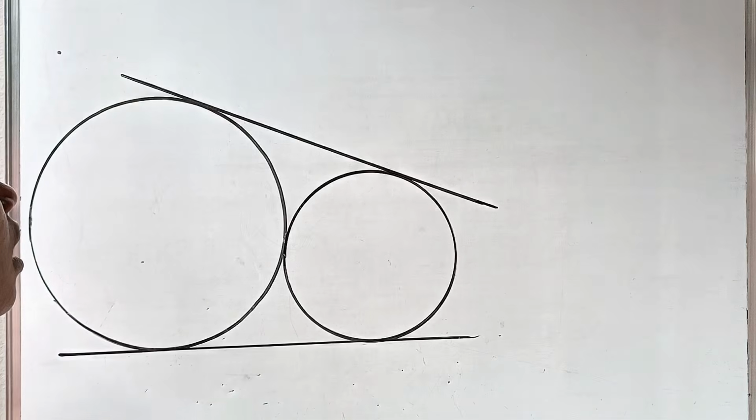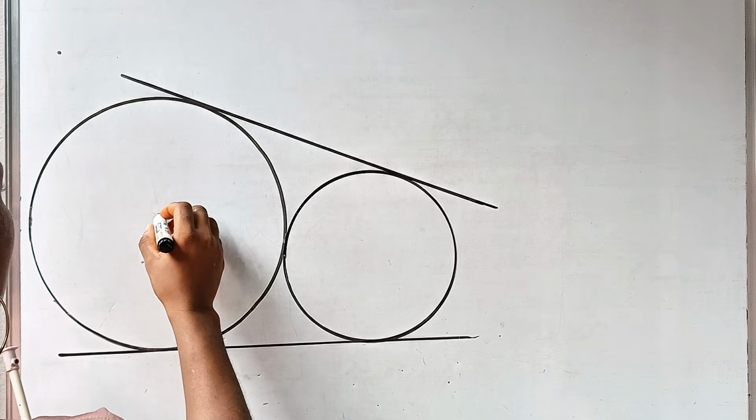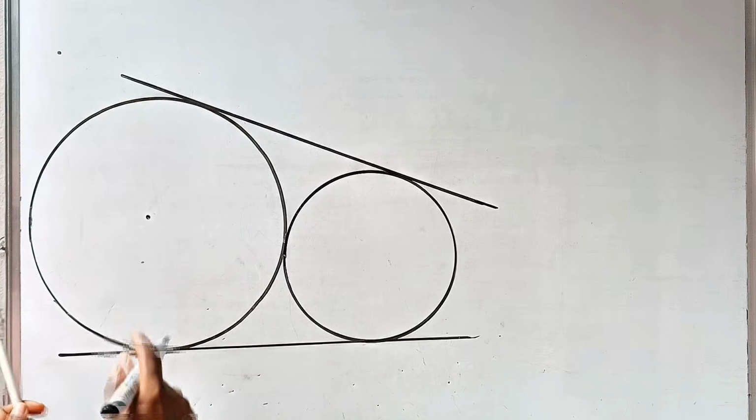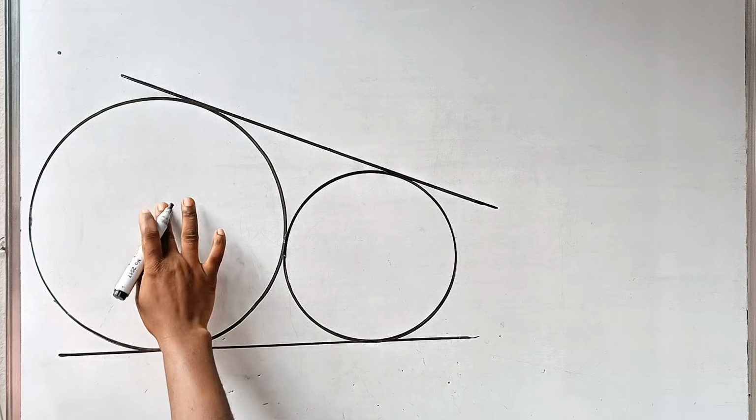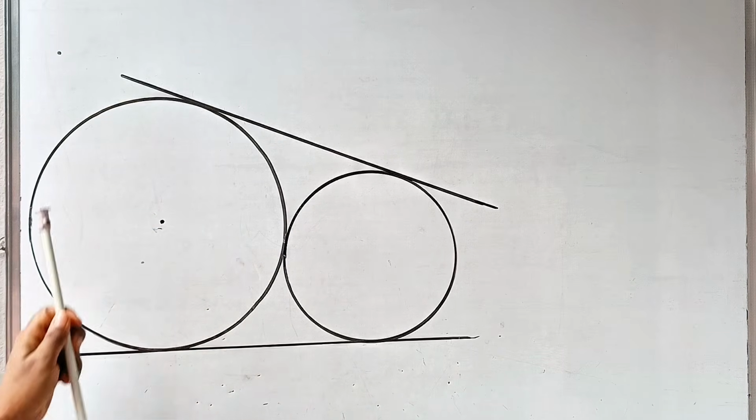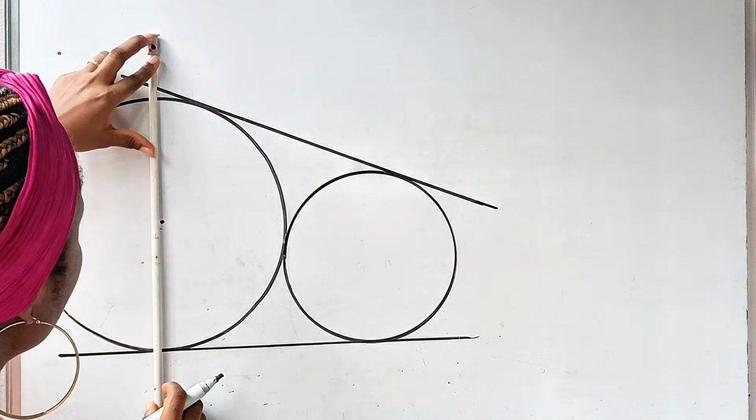All right. And then we have the center of this circle. Now, so let's assume this is the center. This is the center. This is the center. Let's assume.